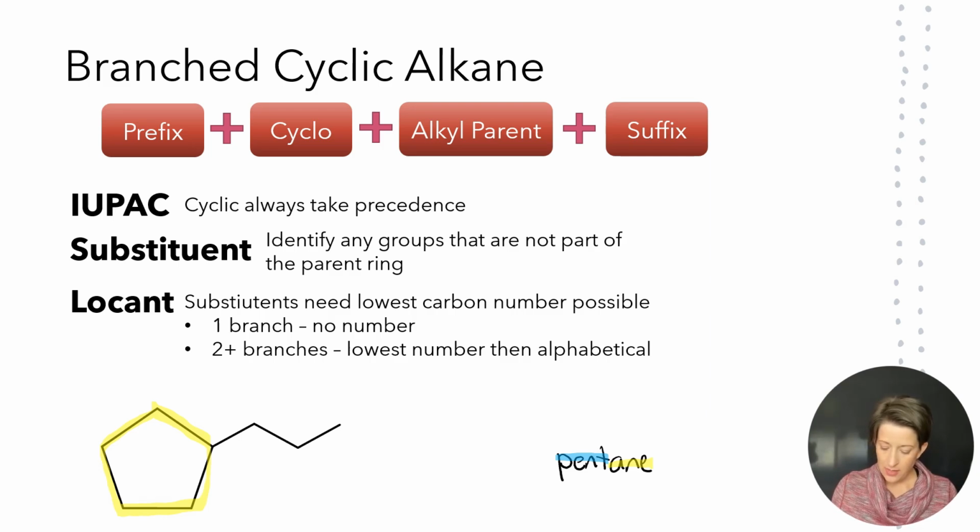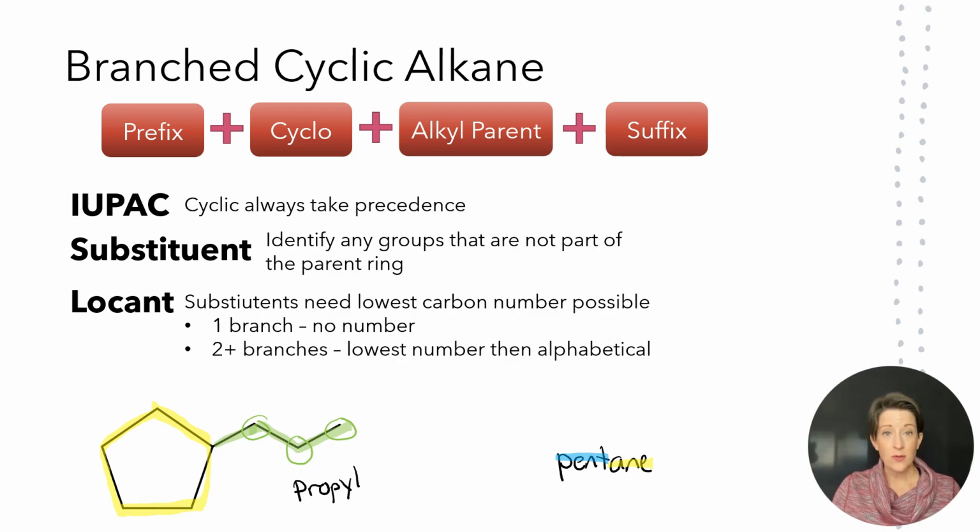And then we do have a branch here. In this branch, we have 1, 2, 3 carbons. 3 carbons gives us prop, and because it is a branch, it's that propyl substituent.